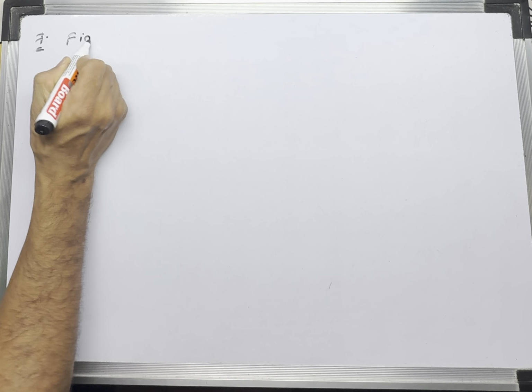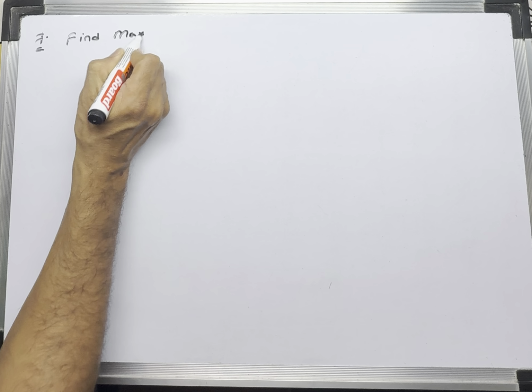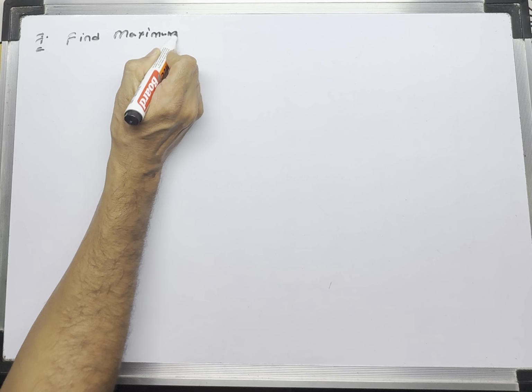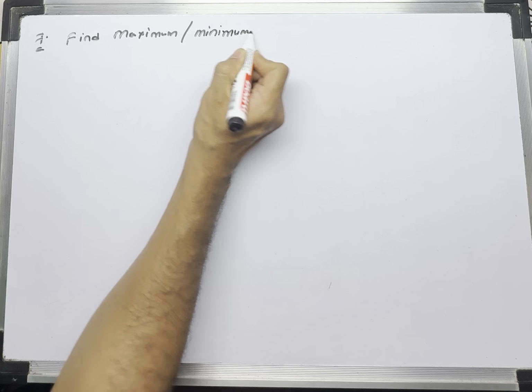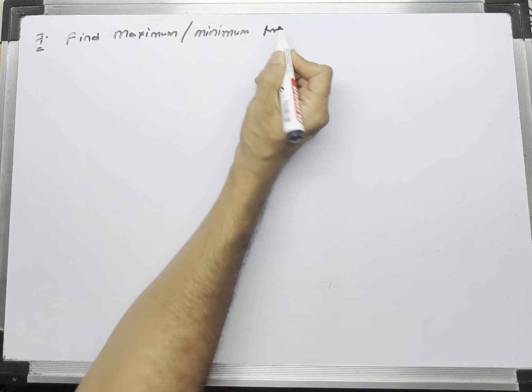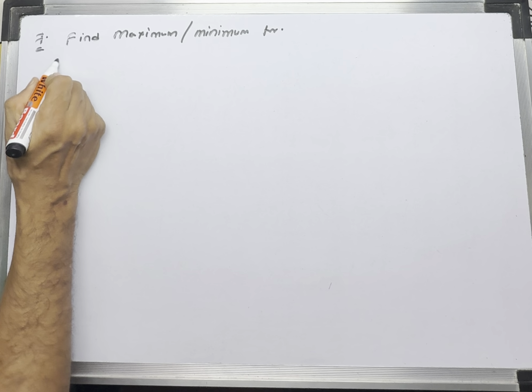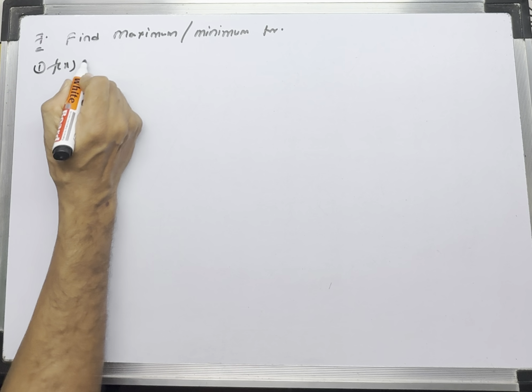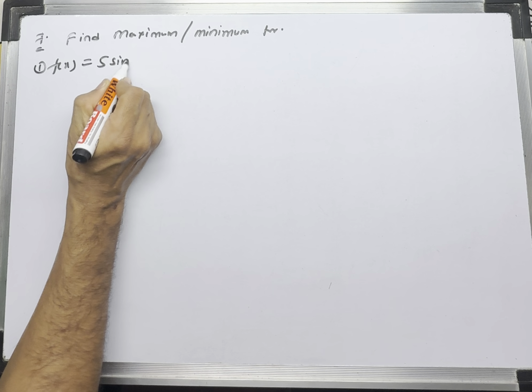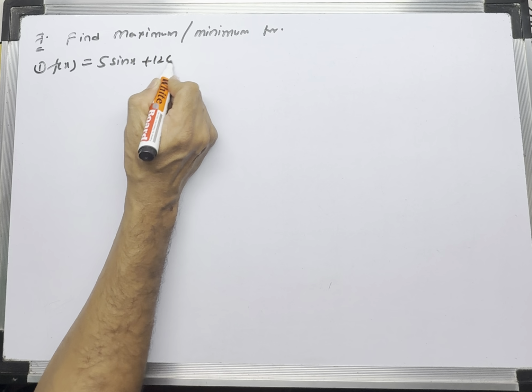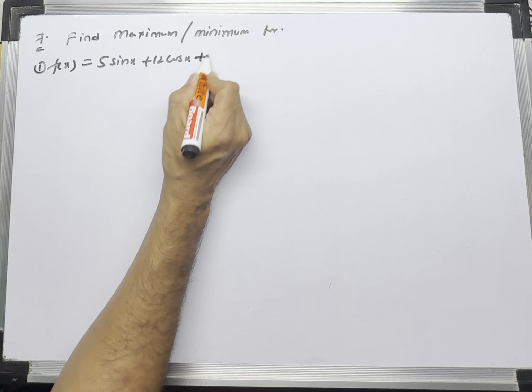Find the maximum or minimum for the first part: f of x equals 5 sin x plus 12 cos x plus 13.